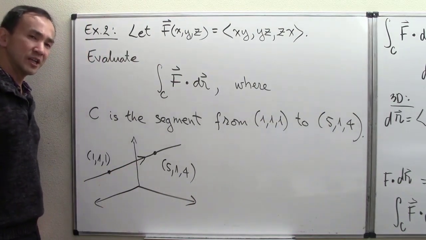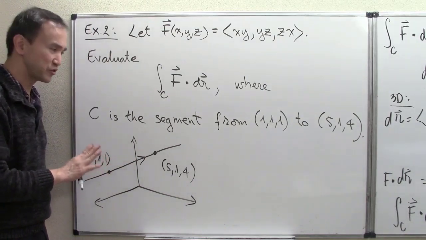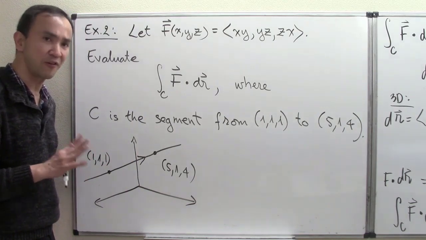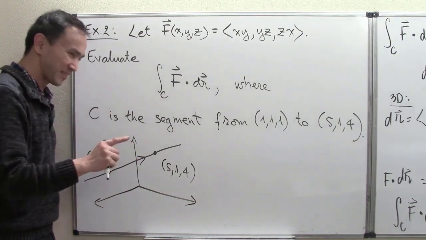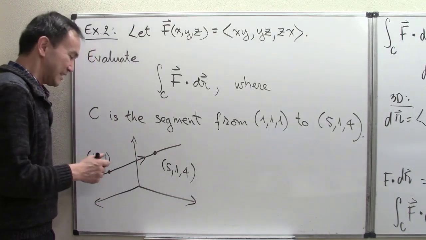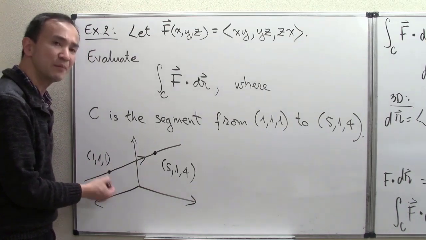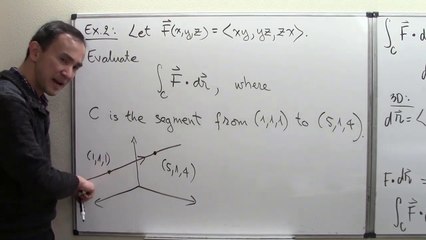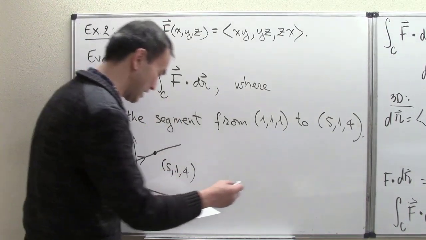All right. Now, in a different video lesson, you will learn how we can give a parameterization. The word of giving a parameterization is very flexible. My parameterization is not the only one, and you will even learn that later on. But for now, the most common parameterization for this, describing a particle moving on this path from (1, 1, 1) to (5, 1, 4), can be given as follows.